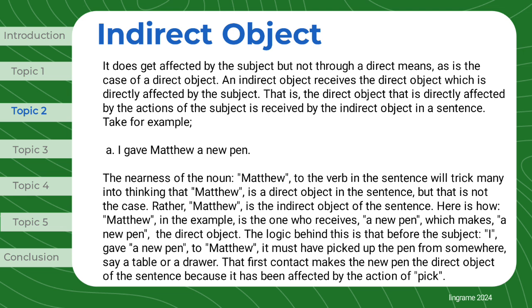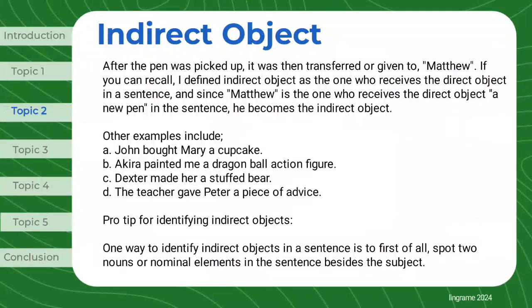The logic behind this is that before the subject, I, gave a new pen to Matthew, I must have picked up the pen from somewhere, say a table or a drawer. That first contact makes the new pen the direct object of the sentence because it has been affected by the action of pick. After the pen was picked up, it was then transferred or given to Matthew.